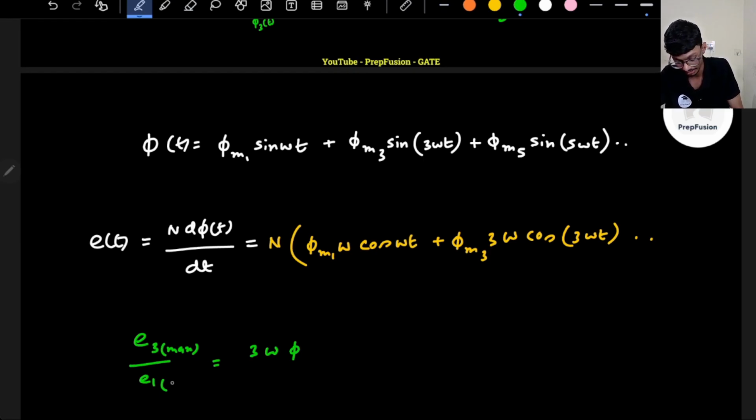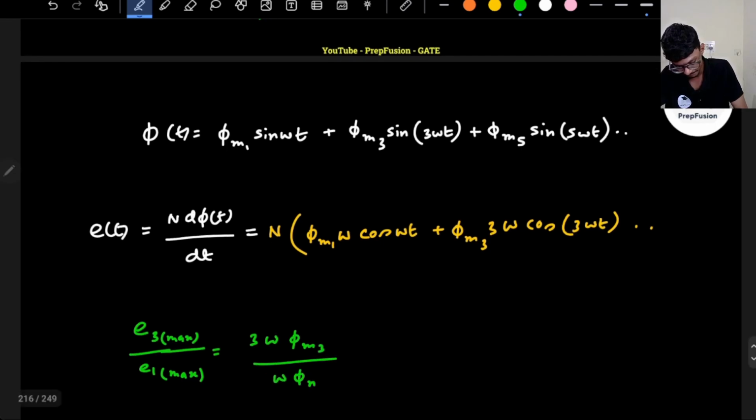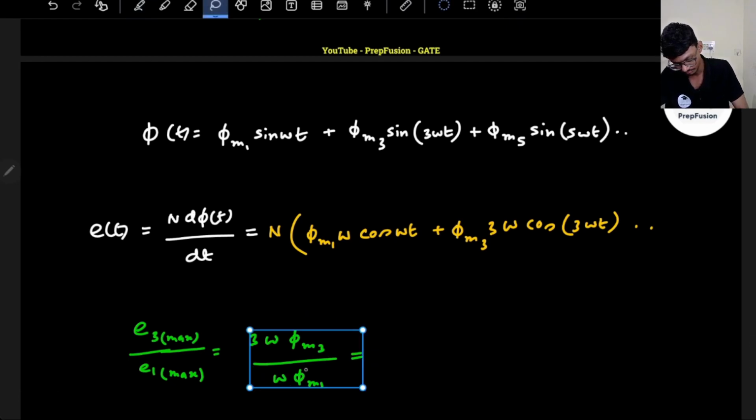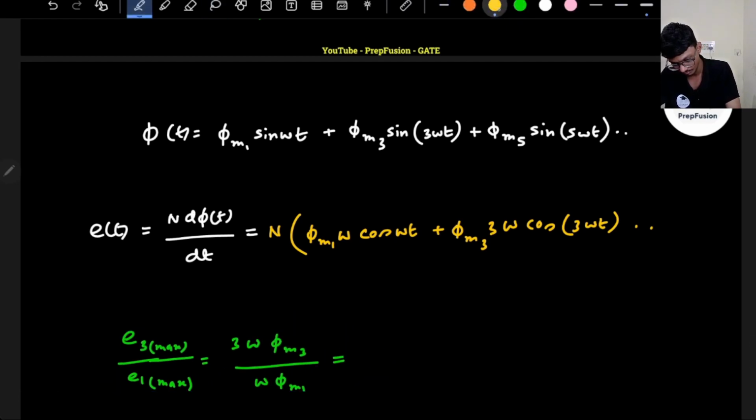This will be 3 omega phi m3 divided by omega phi m1, so this will be 3 phi m3 divided by phi m1.